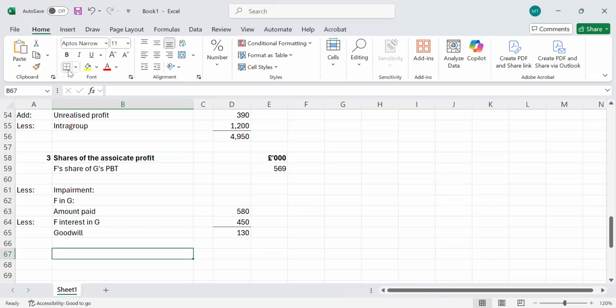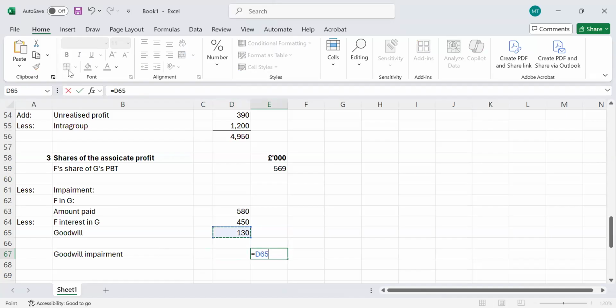So goodwill impairment is 20% of 130,000, that would be 0.2. So 26,000 is the goodwill impairment, which will then allow us to calculate the share of the associate profit.